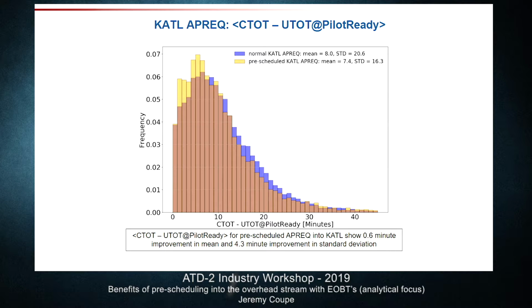So about a 0.6 minute reduction in the average, but we had a 4.3 minute improvement in the standard deviation, that predictability of the delay. And so we find that very encouraging. Not only are we improving the mean, but we're really improving the standard deviation.